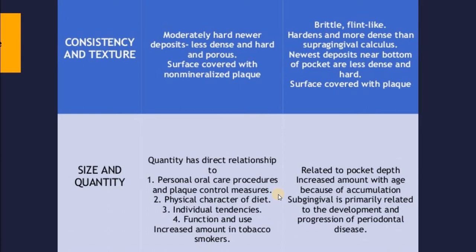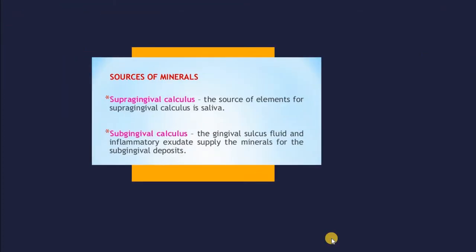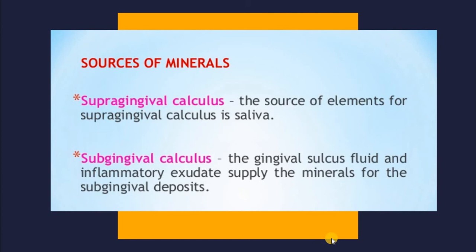In the case of subgingival calculus, it relates to the pocket depth and increases with age, because subgingival calculus is primarily related to the development and progression of periodontal disease. The more pockets we have, the more subgingival deposits.